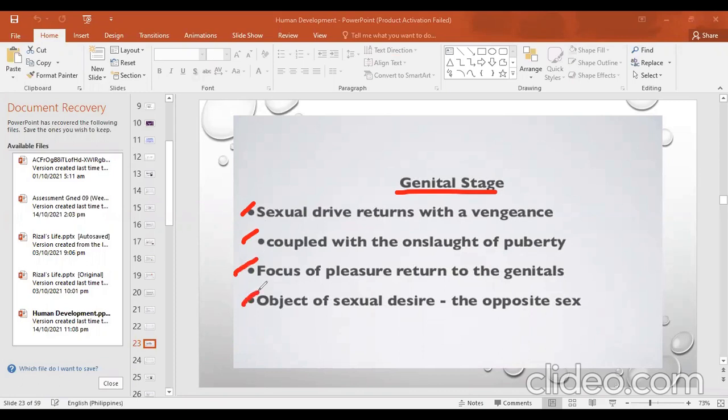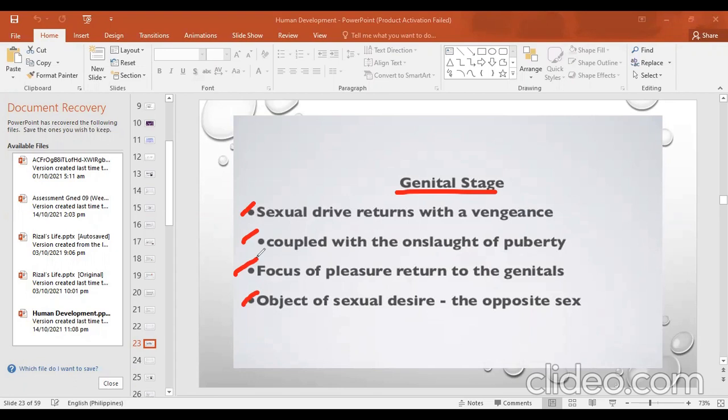Object of sexual desire, the opposite sex. Sige. So kung sa phallic stage, dun sa stage number 3, yung focus of libido niya ay genital, yung ari. Tapos nawala siya during the latency, babalik ulit yung focus of libidinal dun sa genital ulit, dun sa ari ulit.